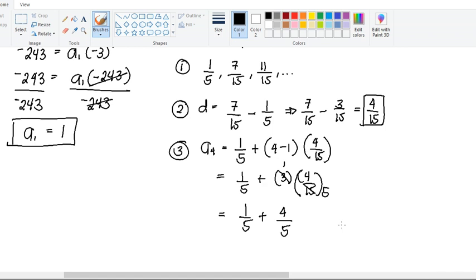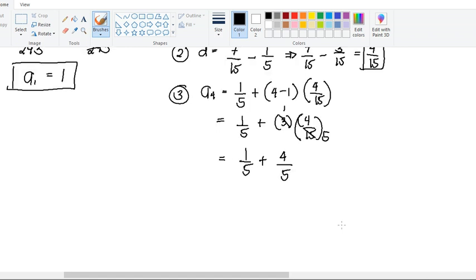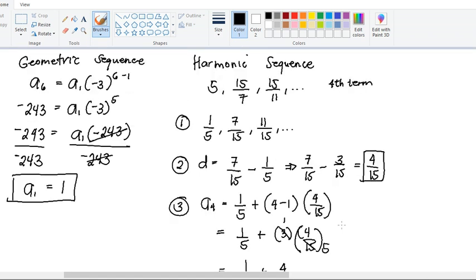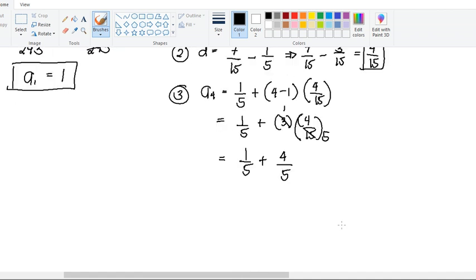Is that right? And then after, we'll get 5 over 5. So that is our a sub 4, which is equal to 1.